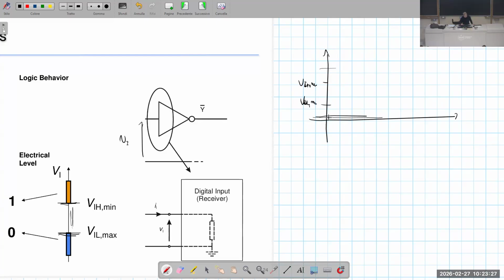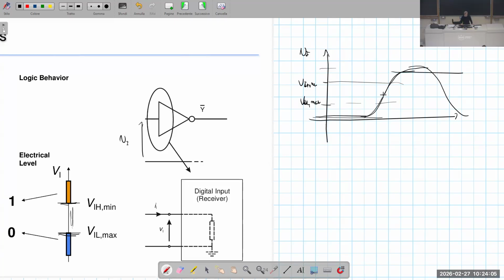At the zero value, we want that the voltage VI is below VIL maximum. When we are at the high value, we want that VI is above VIH minimum. We can accept that VI takes a value in between only in the transition from the low value to the high value, or vice versa.